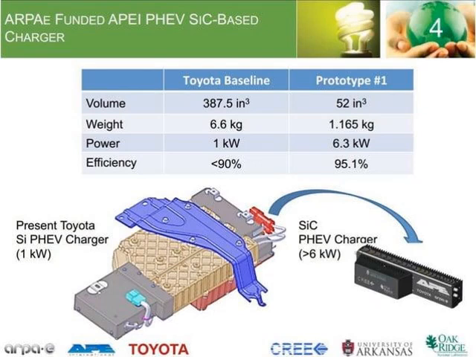So you can see that in the comparison, the volume is reduced by 6 folds, the weight is 6.6 kg but our prototype has only 1.165 kilogram, and the power delivered by this technology, where the Toyota baseline is 1 kilowatt, our wide bandgap devices give up to 6.3 kilowatt, and the efficiency is lesser than 90% for the baseline, whereas we can expect up to 95.1%.